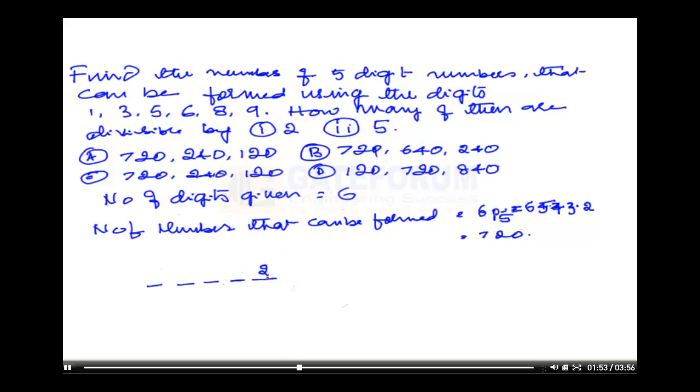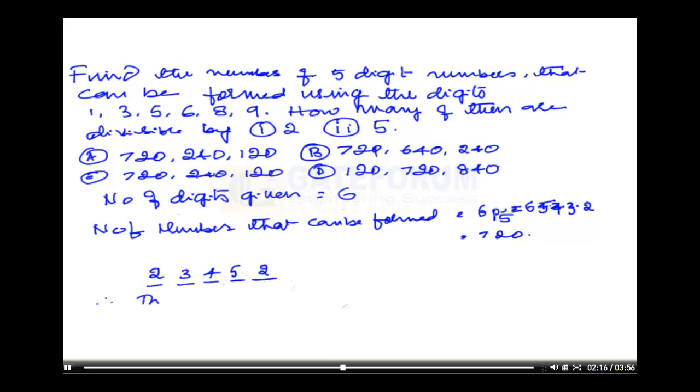It is not the digit 2, it is two ways of filling, either 6 or 8. Now, once we filled, still 5 digits are left over. We can fill any one of the 5, 4, 3, 2.